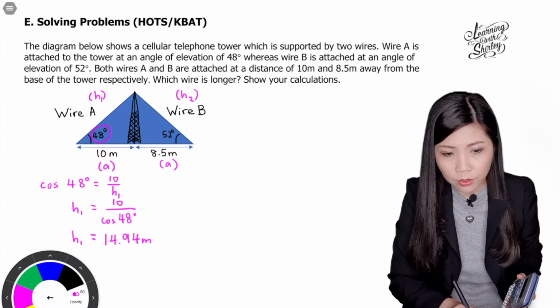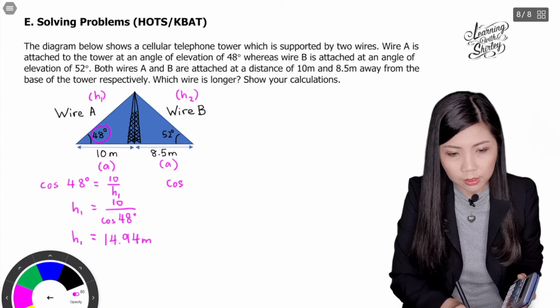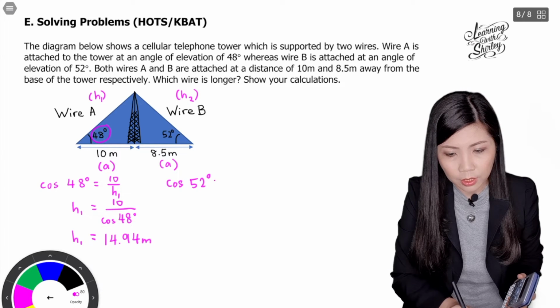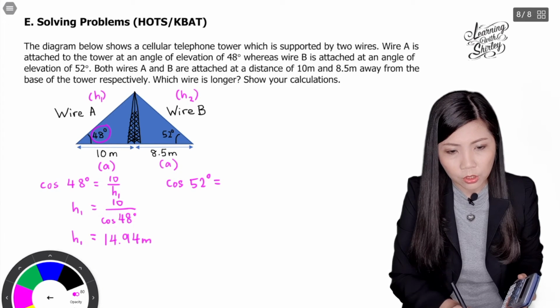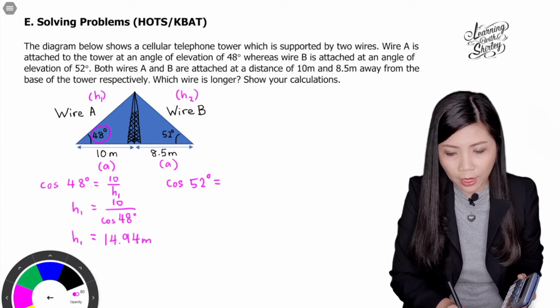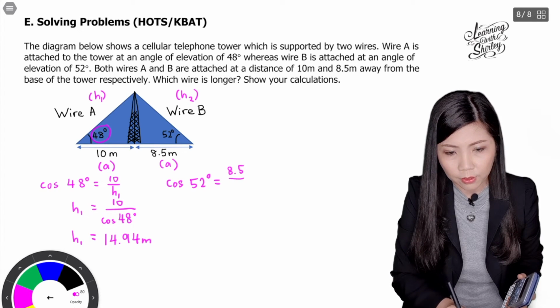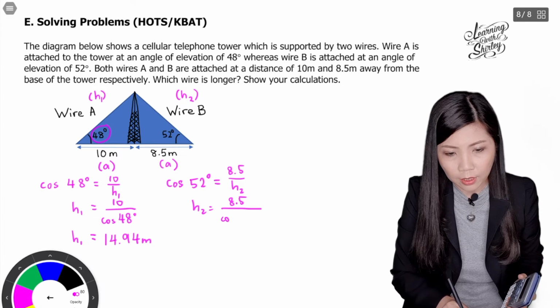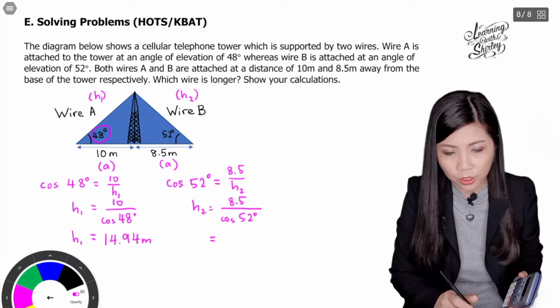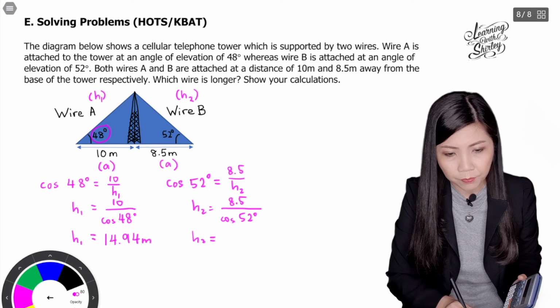Now let's solve for H2. I'm also going to use cos. So cos 52 degrees equals A over H, which is 8.5 over H2. So H2 is going to be 8.5 over cos 52 degrees. Let's solve this.